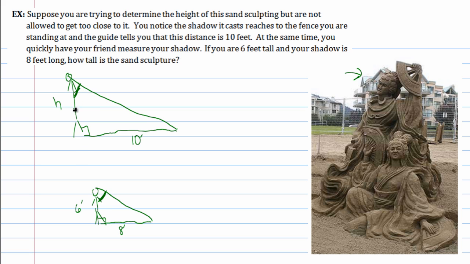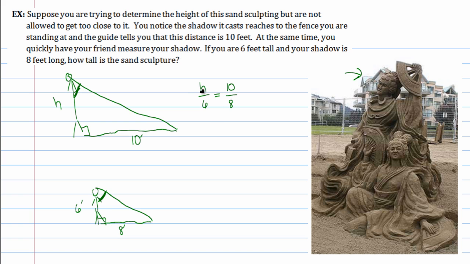You can use that argument that h is to 6 as 10 is to 8. In other words, you're creating a ratio, a proportion between these two objects. So h, the height of the figure, is to your height, as the length of the shadow for the figure is to the length of the shadow of you.